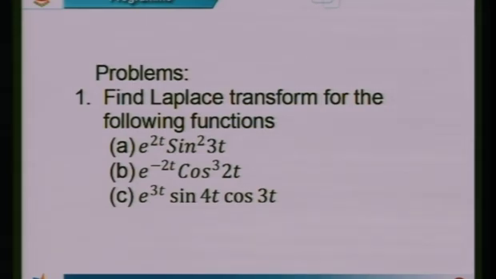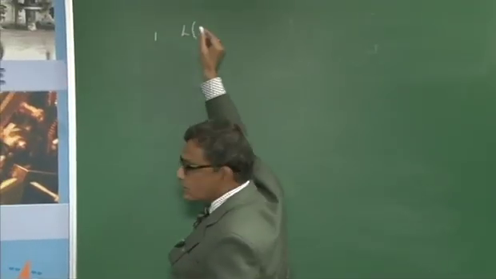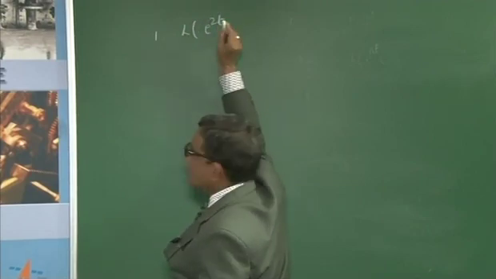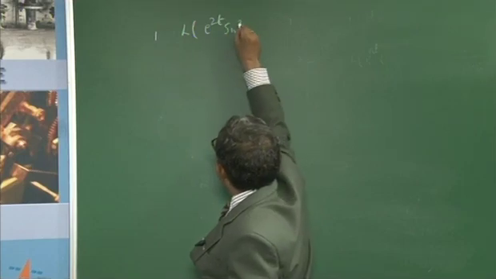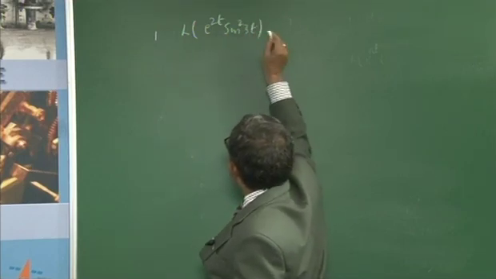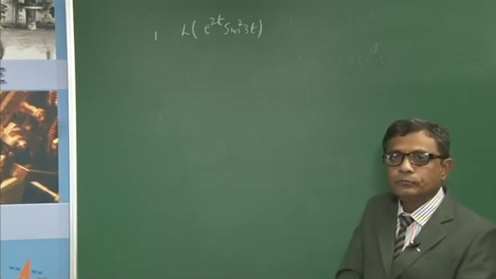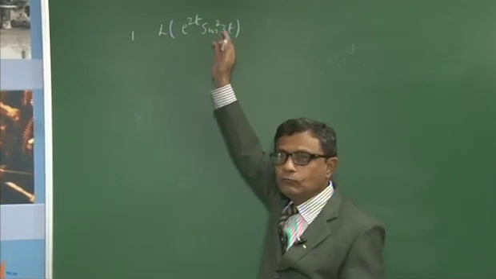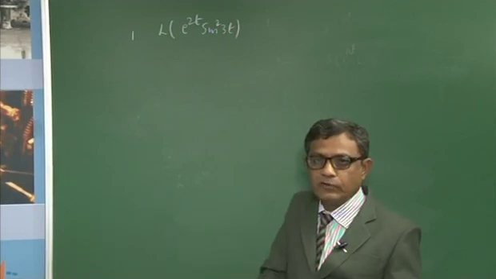Now the first example: you have to find the Laplace transform of e raised to 2t sin square 3t. Here it is a product of two functions and one of the functions is exponential.